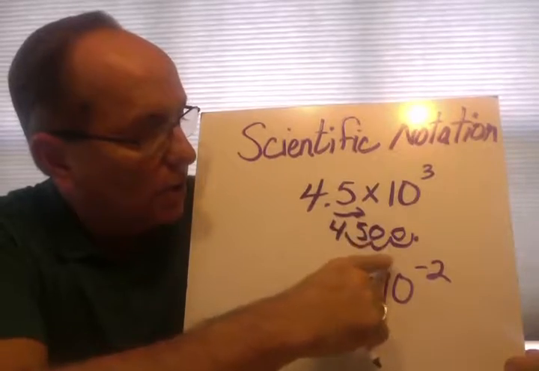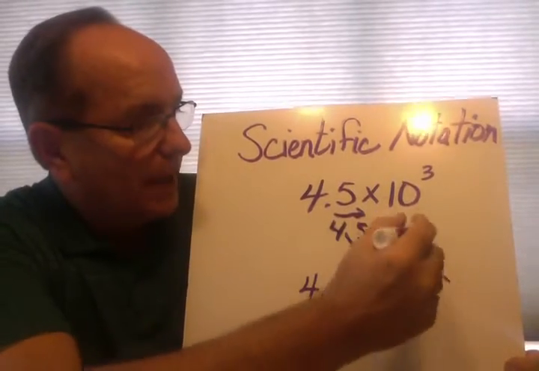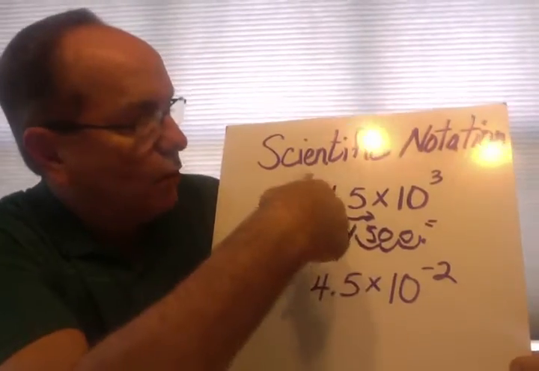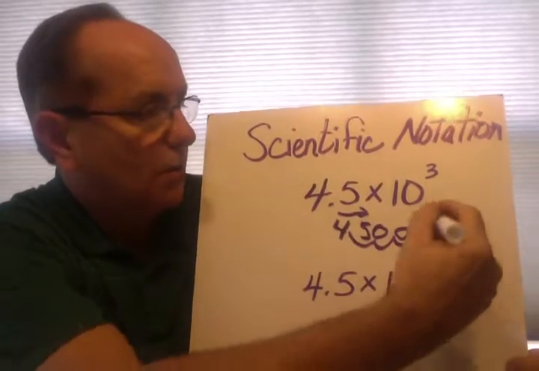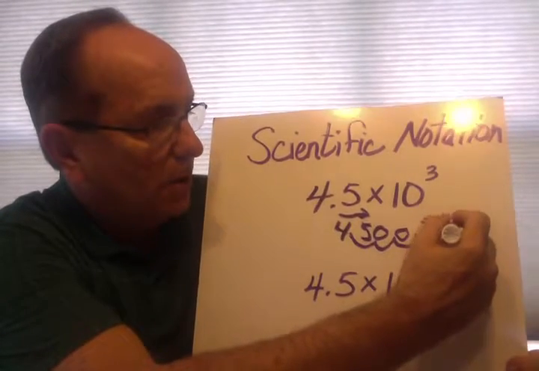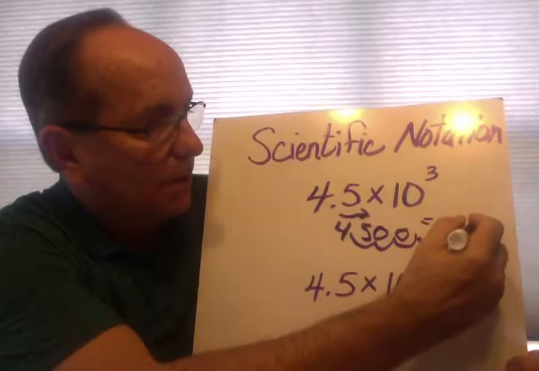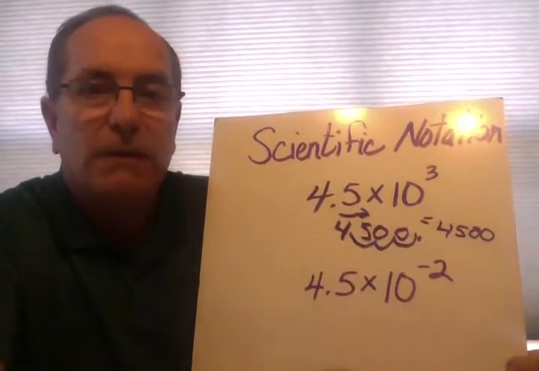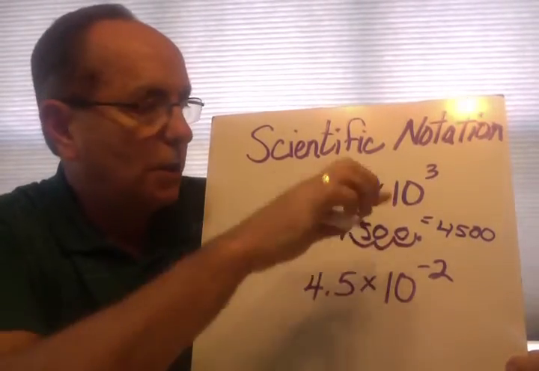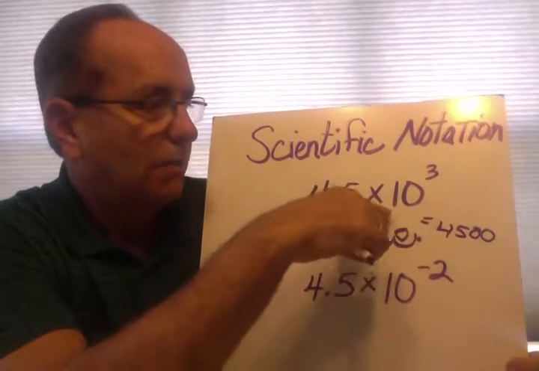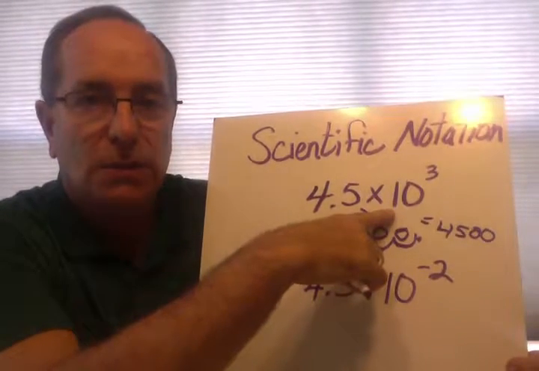It went 1, 2, 3. So my answer is that 4.5 times 10 to the third is the standard look of 4,500. And that would be the standard or normal look of this scientific notation.